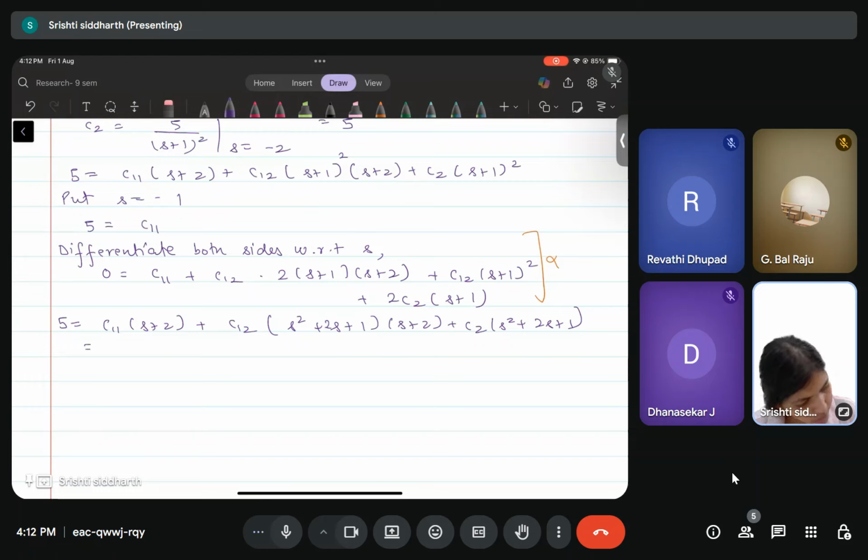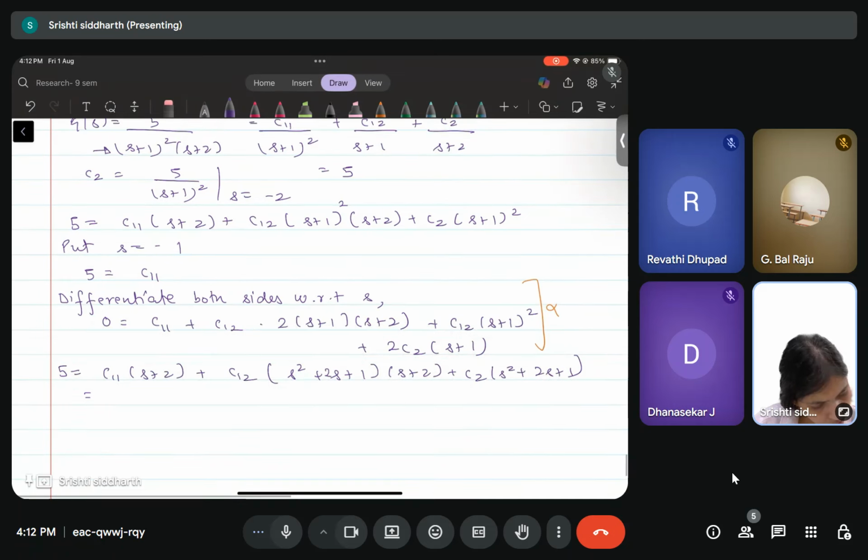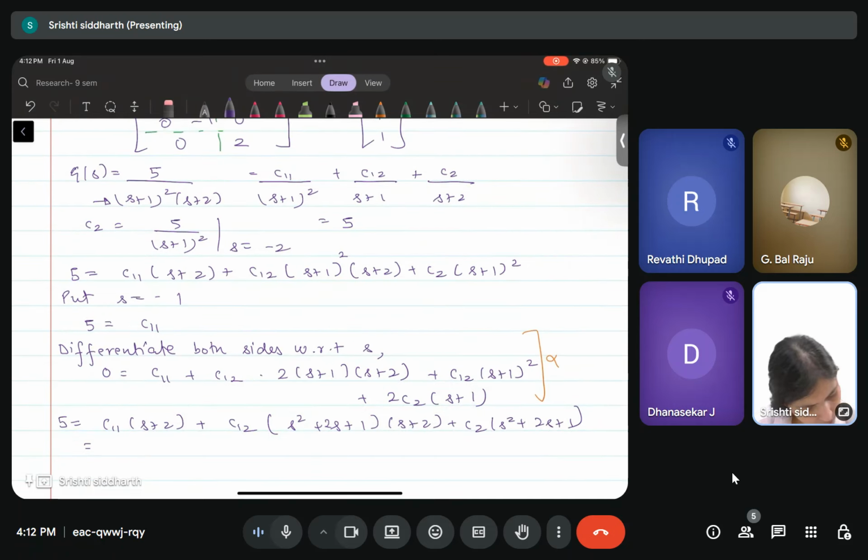So this is going to be, let me see, yeah, okay, let's see the formula here. This is s plus 1.